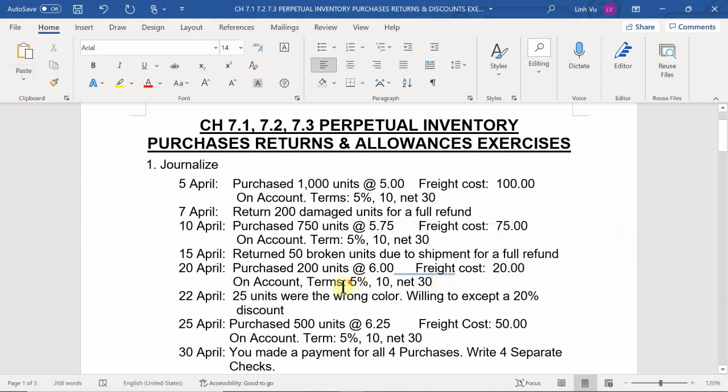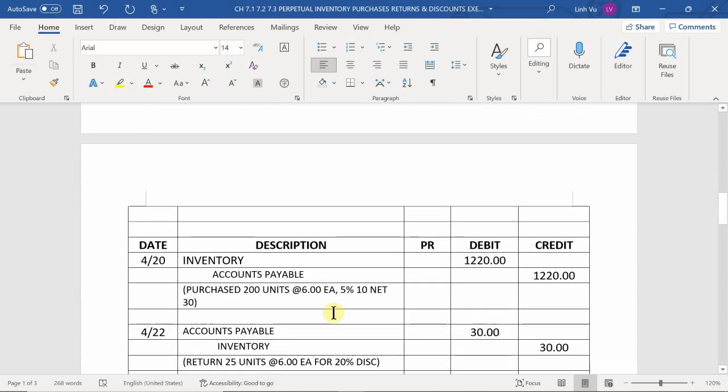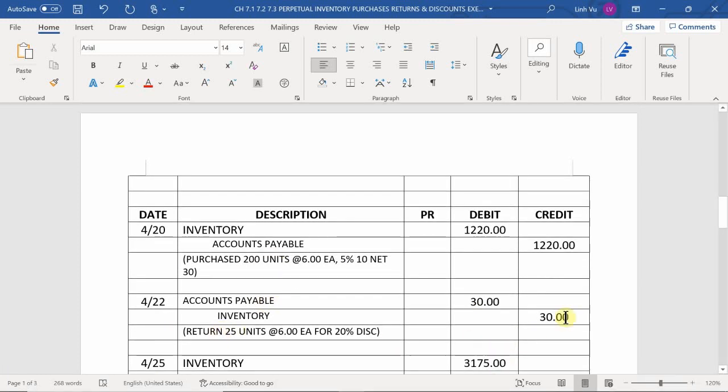So let's take a look here. On April 20th, we originally purchased it for $1,220, but we ended up returning $30 worth. Now, I also have to calculate my 5% discount. Let's talk about how much I owe in the first place, because that's usually the starting point.